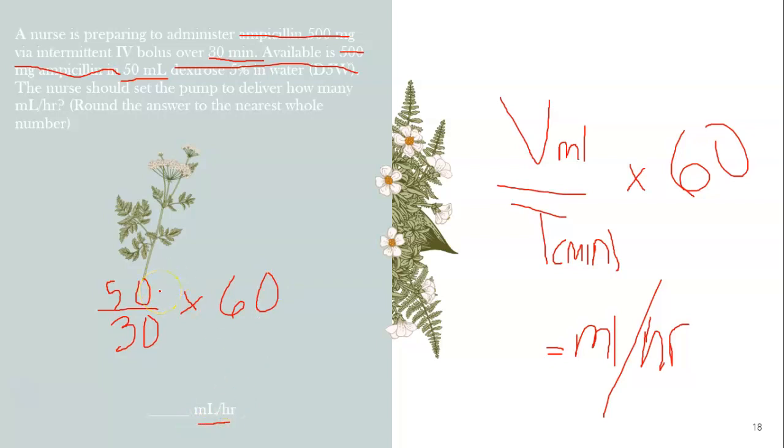So now I've got it set up. I've got my mils, my minutes, and my hour. Okay? Fabulous. So I put that in my calculator, and it tells me I should be running that at 100 mils per hour.